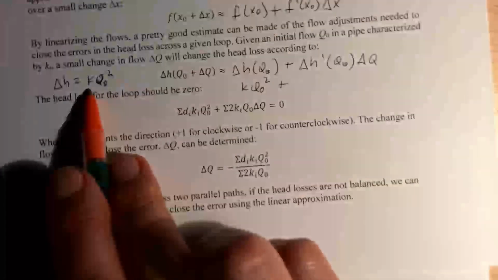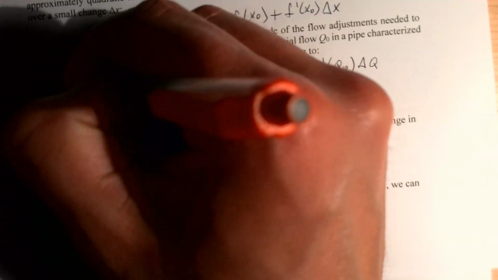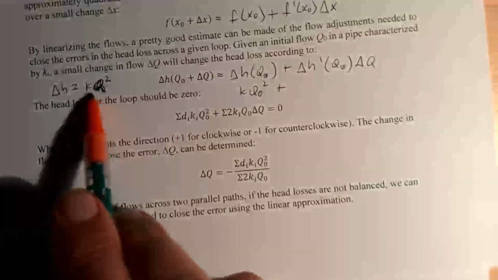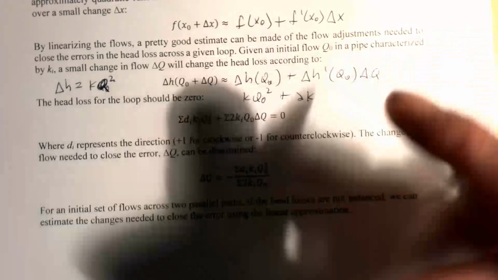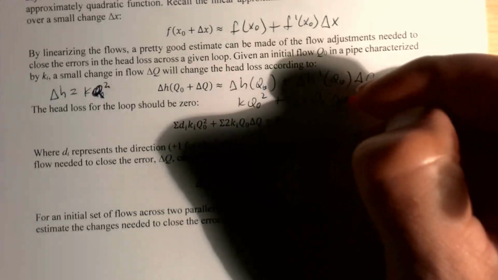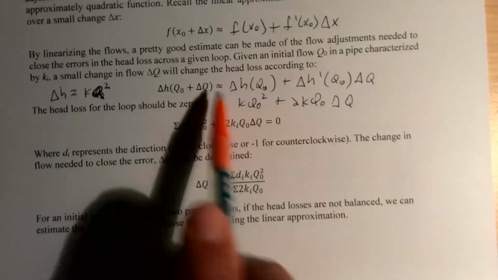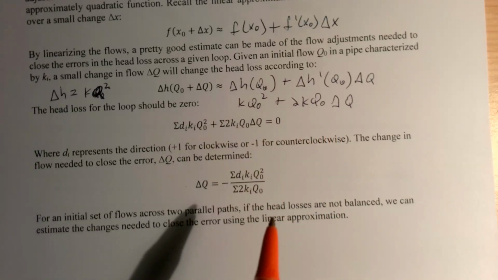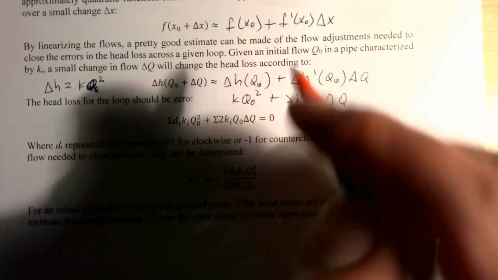And then the derivative of KQ squared with respect to Q is 2 times K times Q, so that's where this comes from, 2 times K times Q, and if we put in the value of Q0 there for Q, we get that, and then times delta Q. Okay, so this is our approximate formula here for the value, and then once we solve that, we end up with this relationship here.